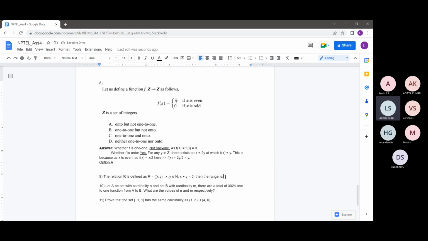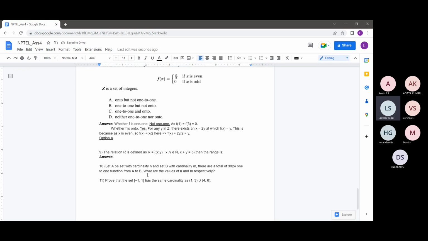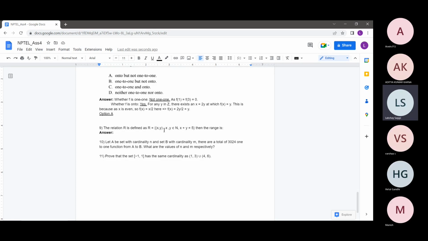So now let's come to the ninth question. So in the ninth question, it defines a relation R as R equals (x, y), where the pair x and y both are natural numbers such that x plus y is equal to 5.